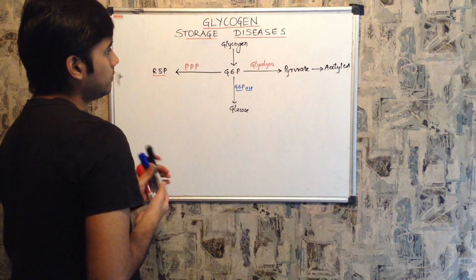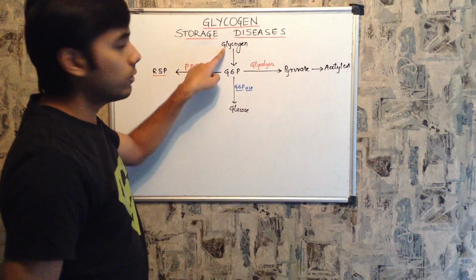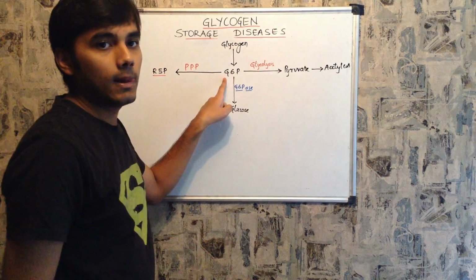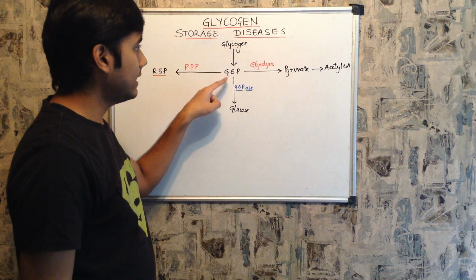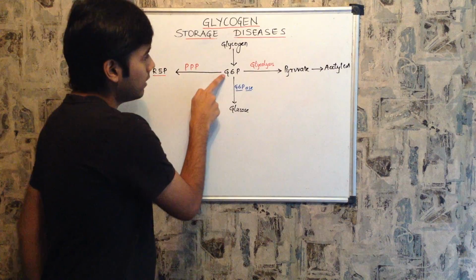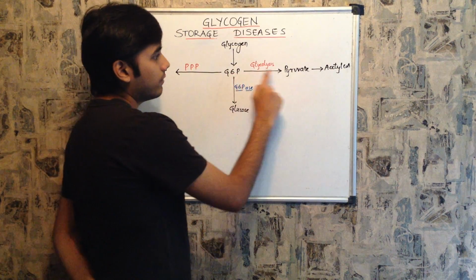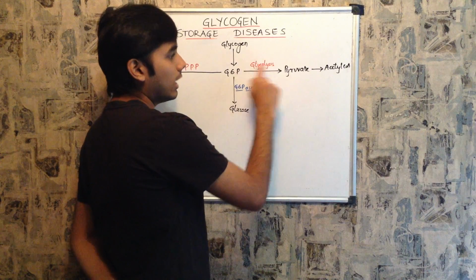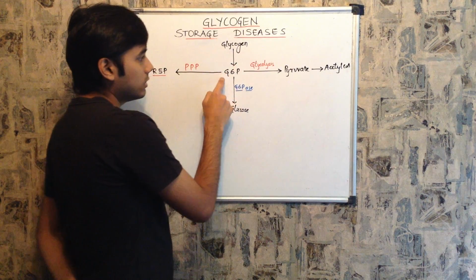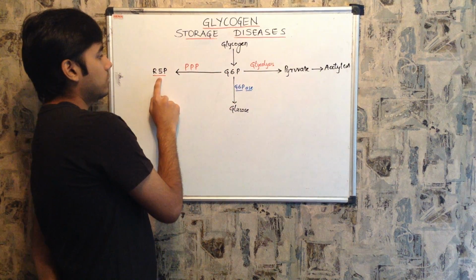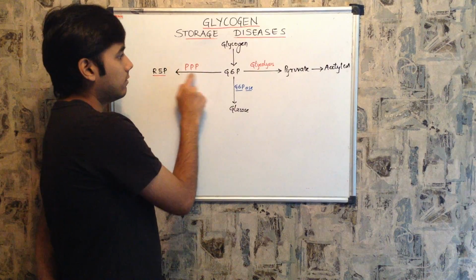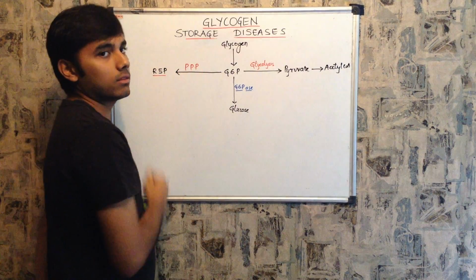So glycogen is converted into glucose 6 phosphate. Glucose 6 phosphate is acting as a substrate for the formation of glucose, for the formation of pyruvate through glycolysis, and for the formation of ribose 5 phosphate through the pentose phosphate pathway.